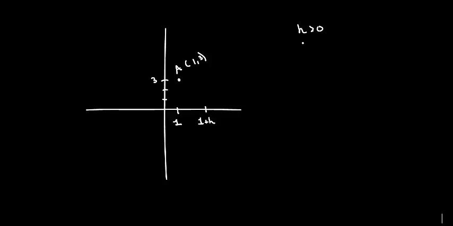And we are specifically going to look at making h really close to 0. Okay, so I'm just going to say h is a positive value for right now, just for argument's sake. So it moves it over a little bit, and also its y value. So B, remember, has the coordinates 1 plus h and 3 plus 2h.